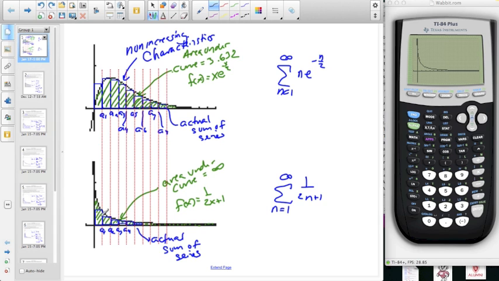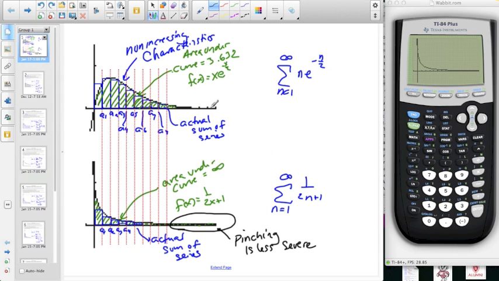Even though this looks early on to be a lot smaller, what we have to really pay attention to is what happens out here. Once we get way out here beyond A8 and A9 and A10, this pinching here is less severe than the pinching here.